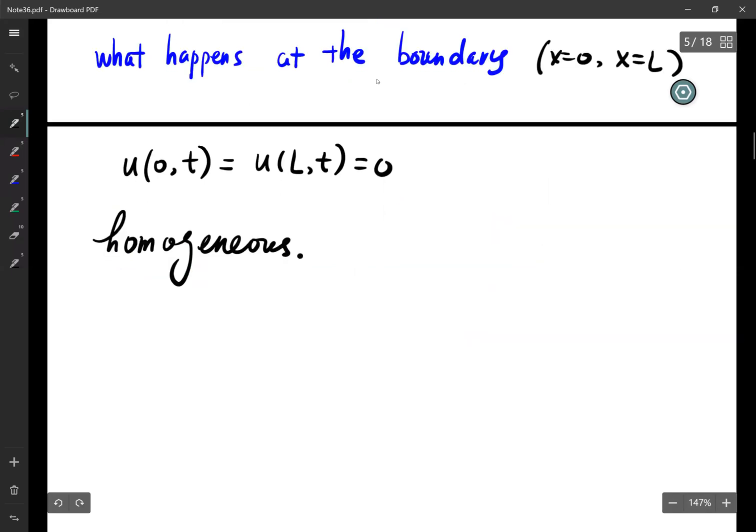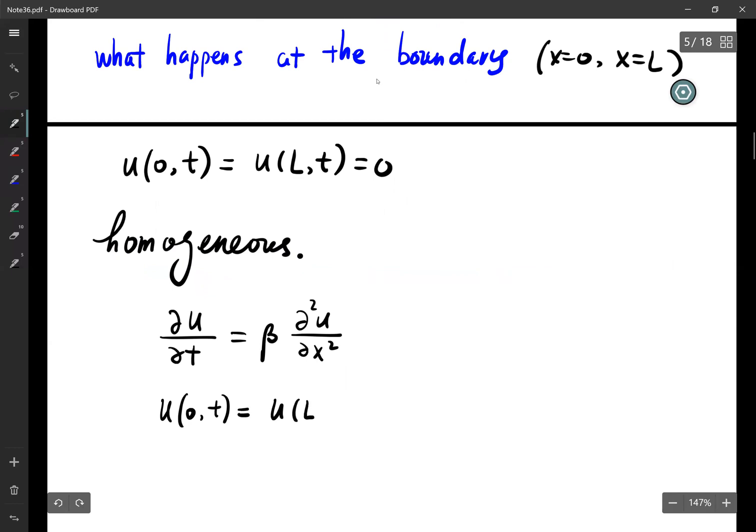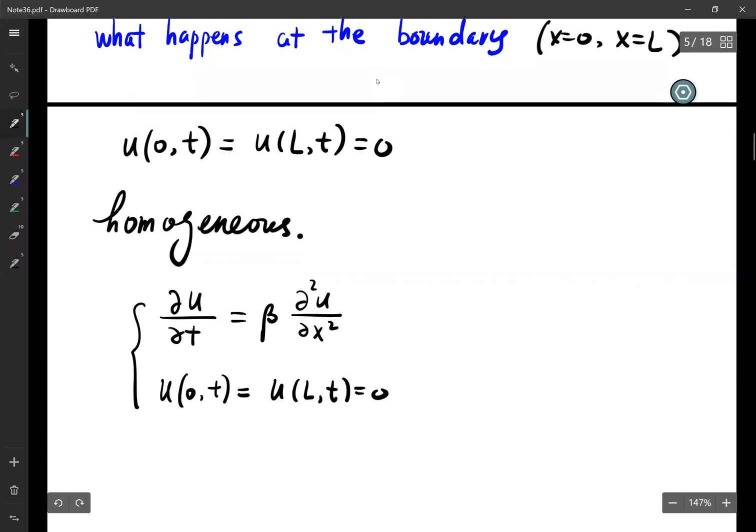So indeed, if I remember what a homogeneous equation is, we always discard the initial data. And so we look at this thing, u(0,t) = u(L,t) = 0 for all t. Assume that u(x,t) is a solution.